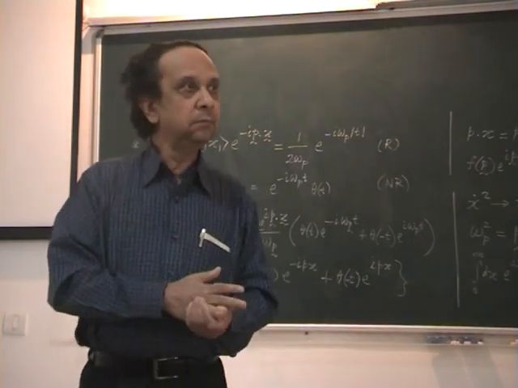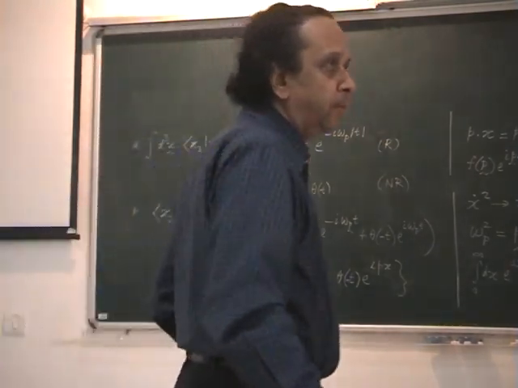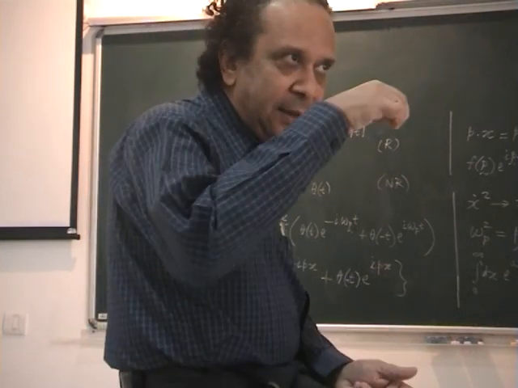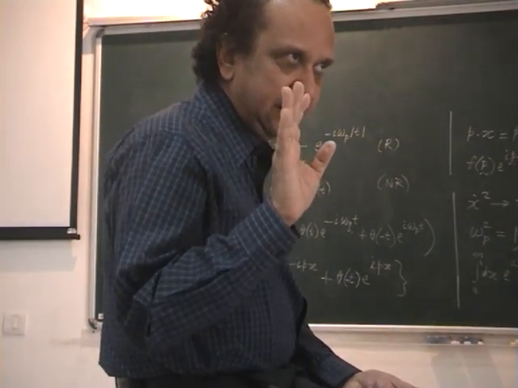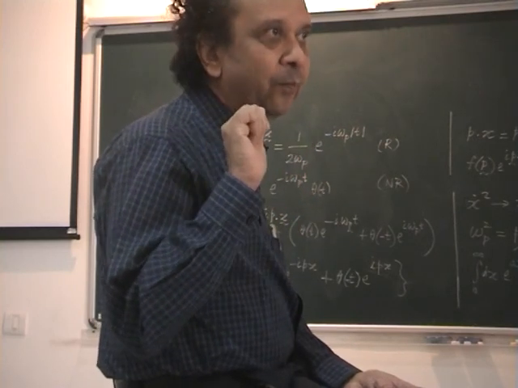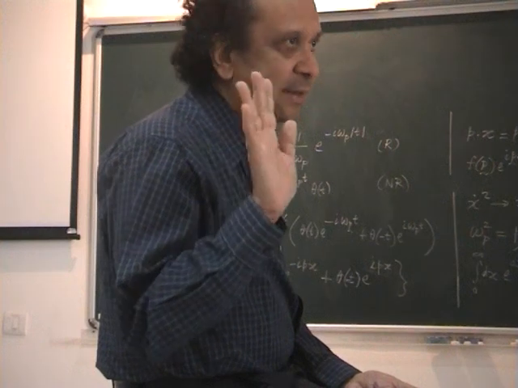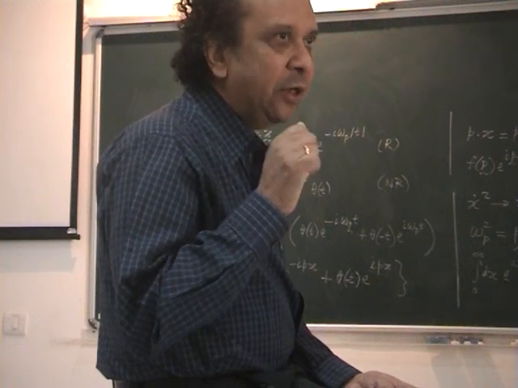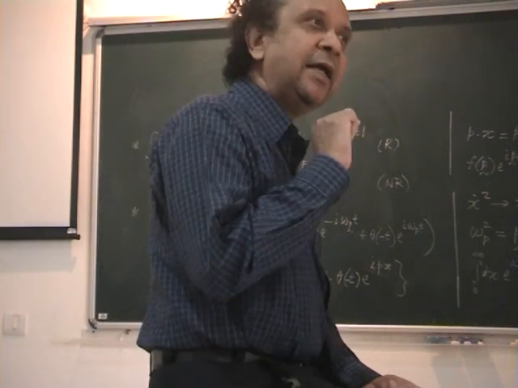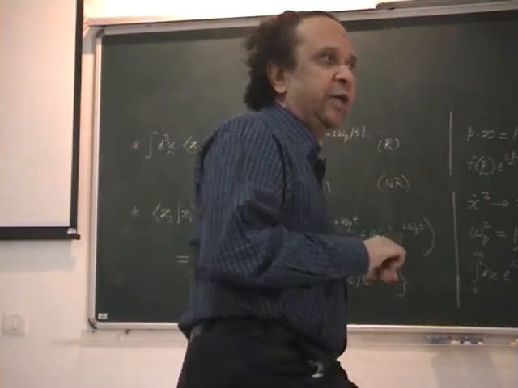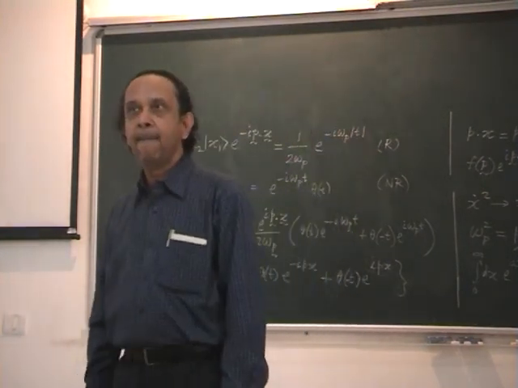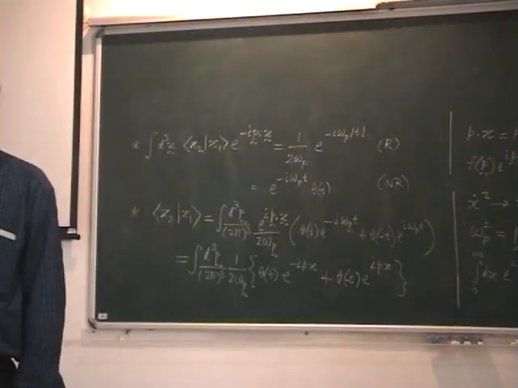So are we saying that omega p can be negative? No, the symbol omega p can never be negative because I had defined it to be the plus square root of p square plus m square. So that symbol is never negative. But when I need to work with a minus square root of p square plus m square, I will write it as minus omega p. It's just a notation. Anything else? Okay.